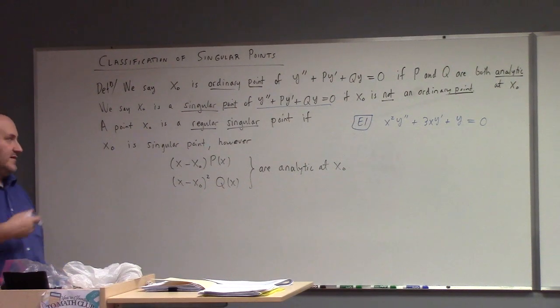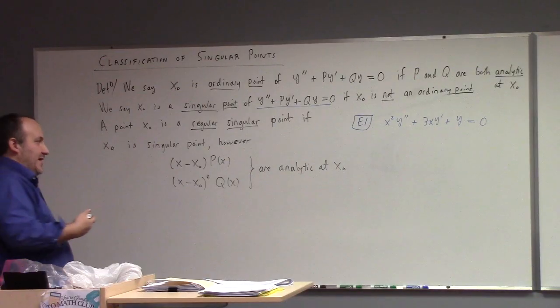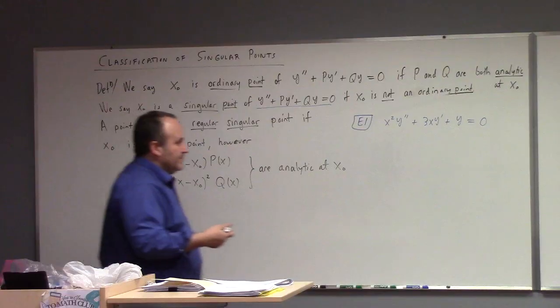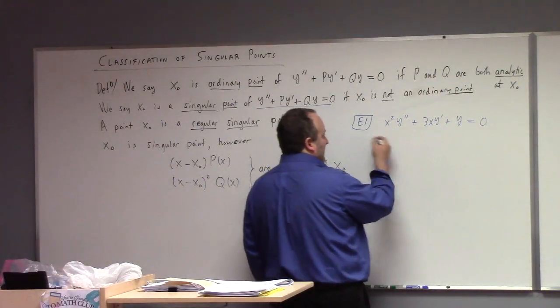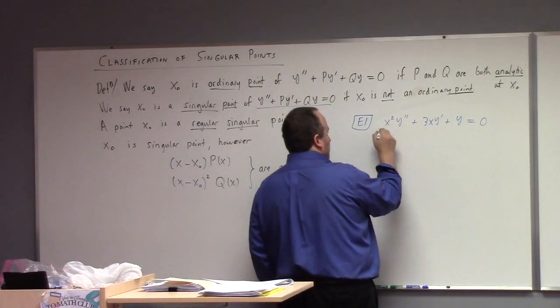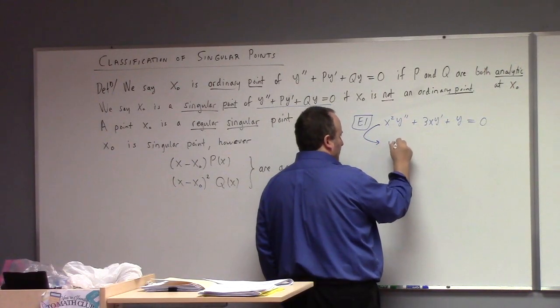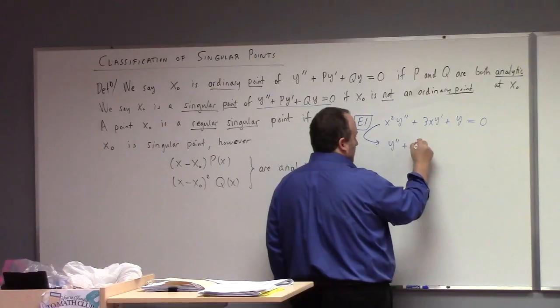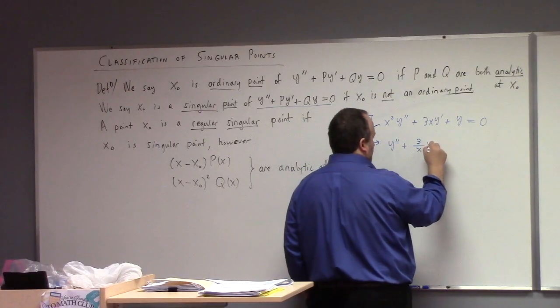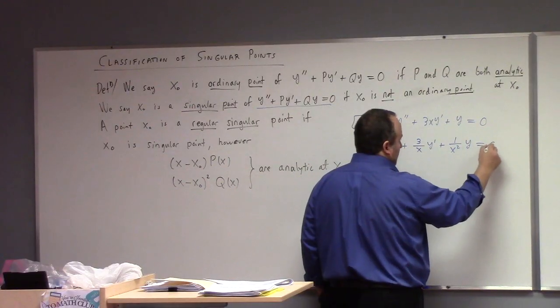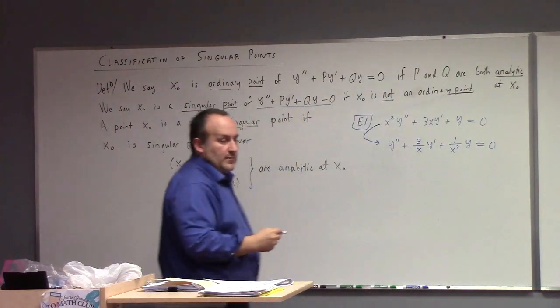We learned we could solve this by plugging in y equals x to the power r, and then we had that r times r minus 1 business. Remember that? Here, this isn't quite in the right format yet for my definition. So we trade it for y'' + 3/x y' + 1/x squared y = 0, right?